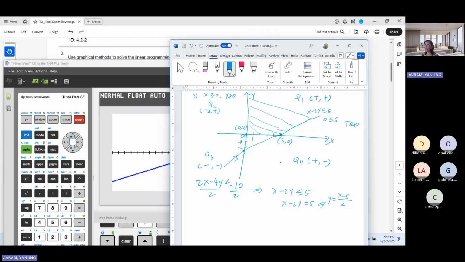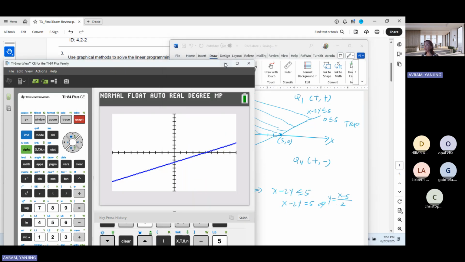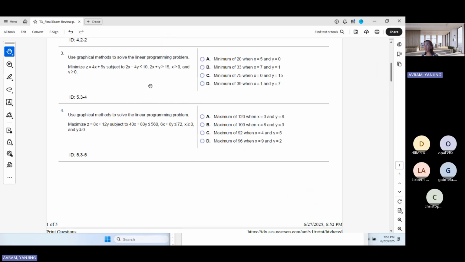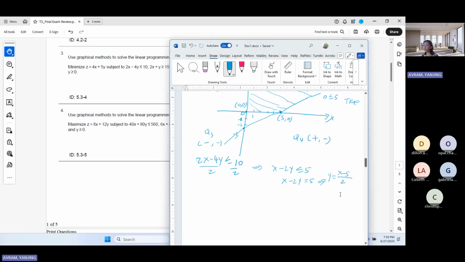All right, and then I will have my second graph in here. My second graph needs to be what? 2x plus y needs to be greater than or equal to 15, right? We solved the first one. Now we're going to get the second one right here.